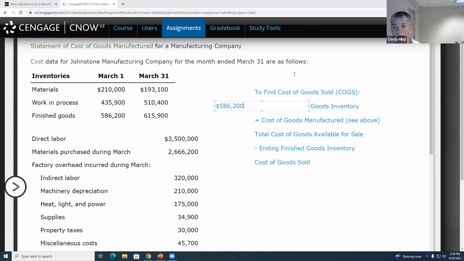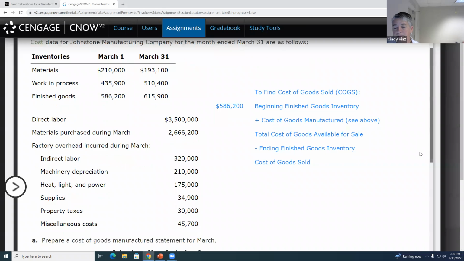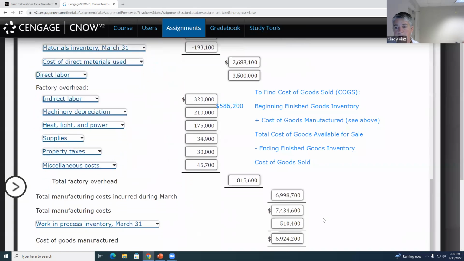586,200. We just calculated the cost of goods manufactured down here, 6,924,200. Whoops, not that number. So if we add those two together, we get the total cost of goods available for sale.